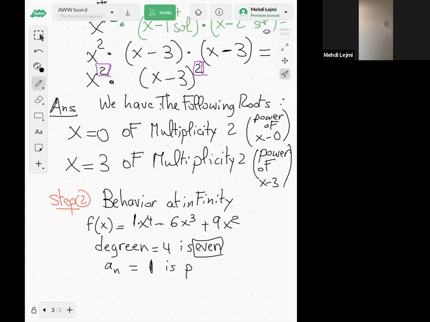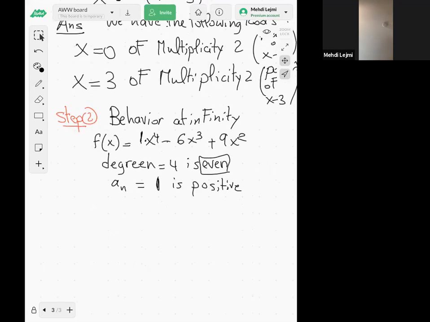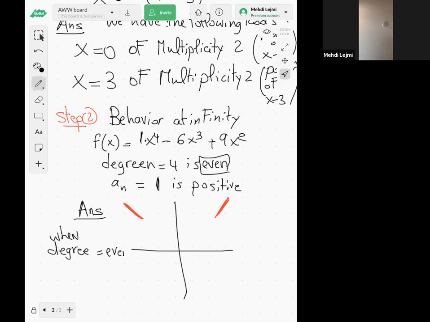Remember, in our table, when we have even degree and positive leading coefficient, the behavior at infinity would be this one here.